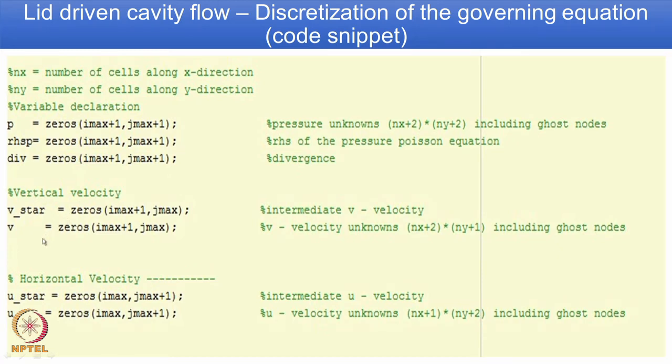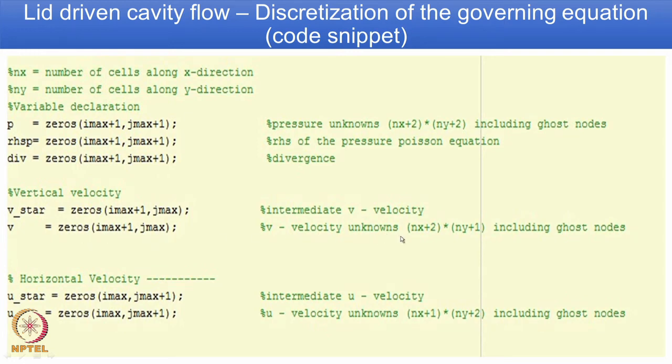Vertical velocities are actually V. So, V star is a temporary velocity which is the first step in the projection method. So, V star is defined as zeros I max plus 1 by j max, and V is the actual velocity, again defined as zeros I max plus 1 and j max.